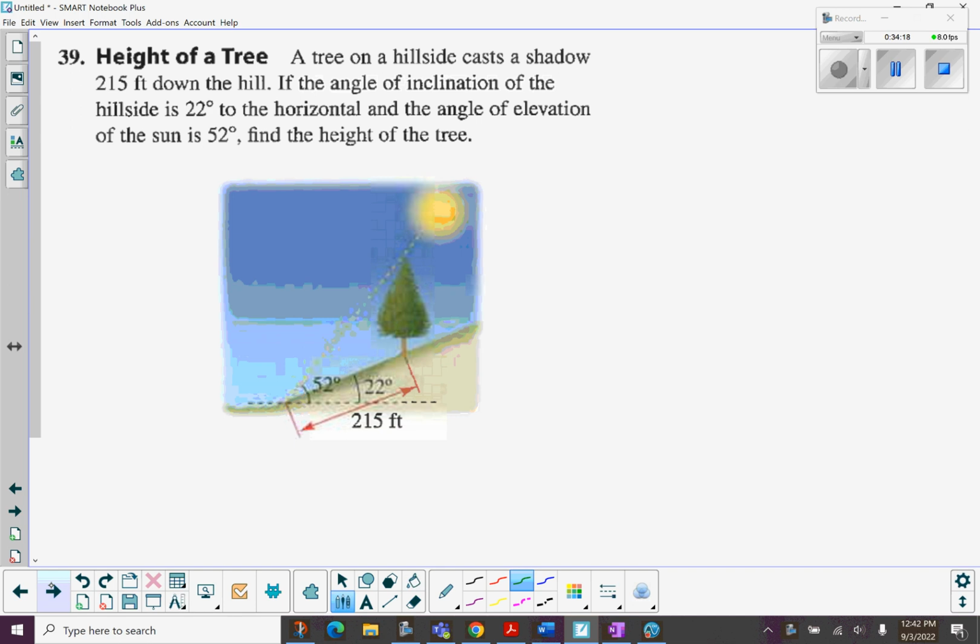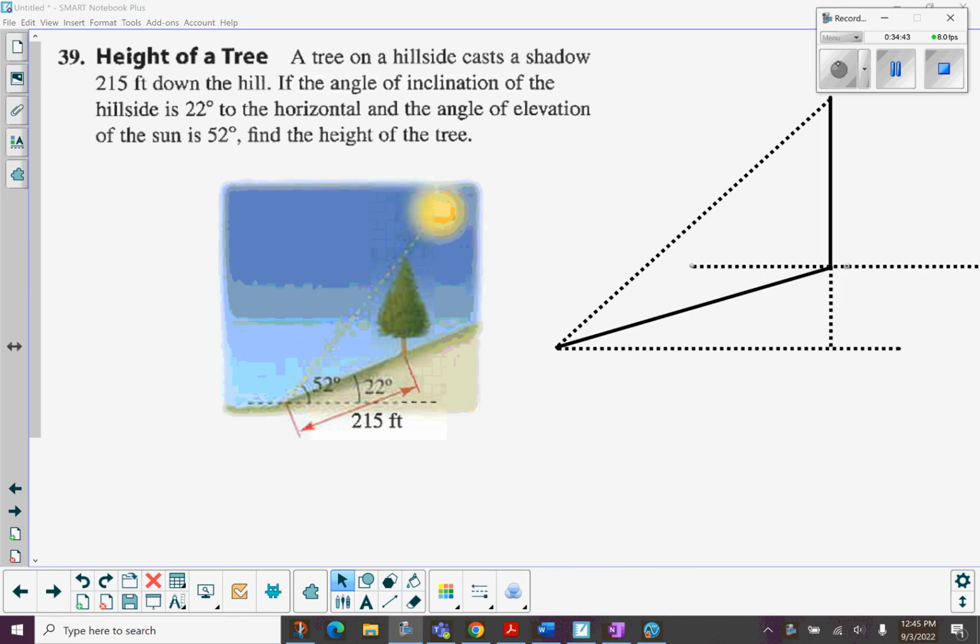Everybody's favorite, 39, the height of the tree. A tree on a hillside casts a shadow 215 feet down the hill. If the angle of inclination of the hillside is 22, the angle of elevation to the sun is 52, how tall is the tree? I say we need a better picture.